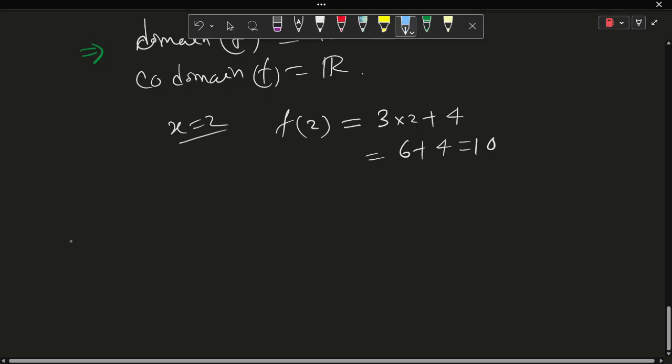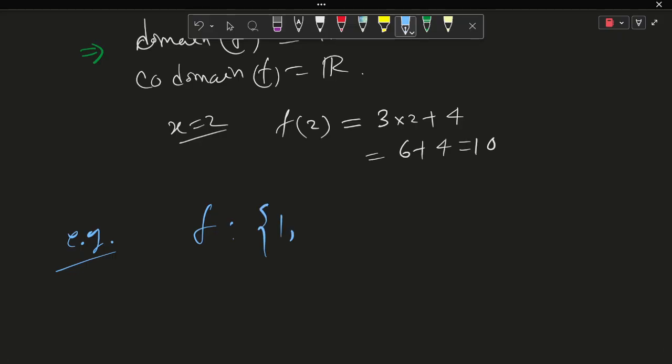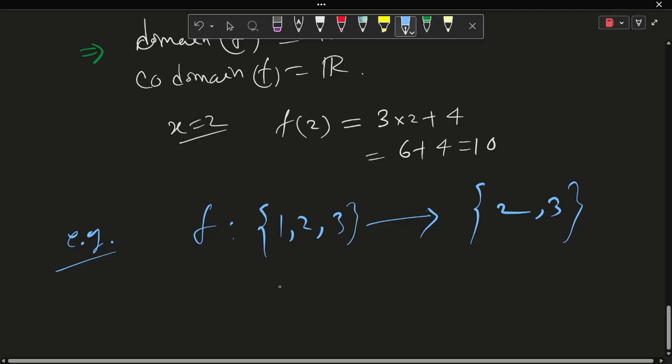Example type: if this is the discrete set 1, 2, 3 mapping to 2, 3, and by definition f(x) = 2.